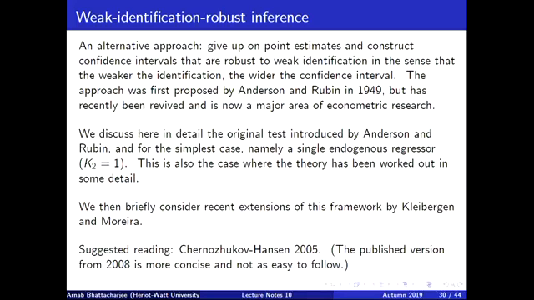Can we make our inference robust to the potential of weak identification? I'm going to briefly make a small drawing on the board to illustrate the problem, and then we are going to continue the discussion after lunch.